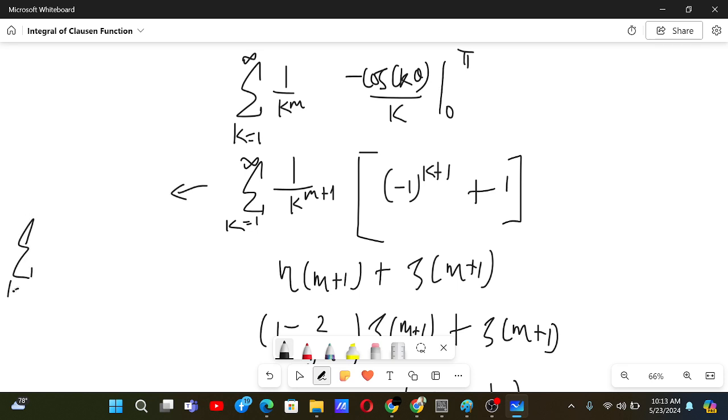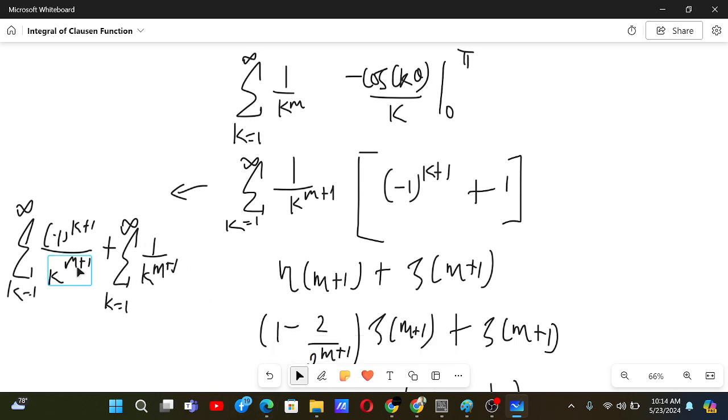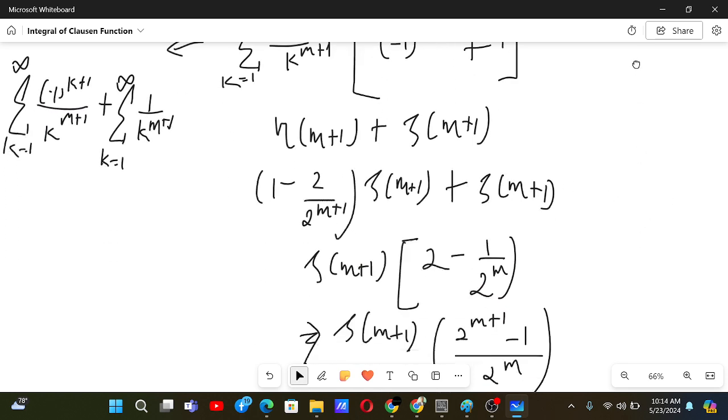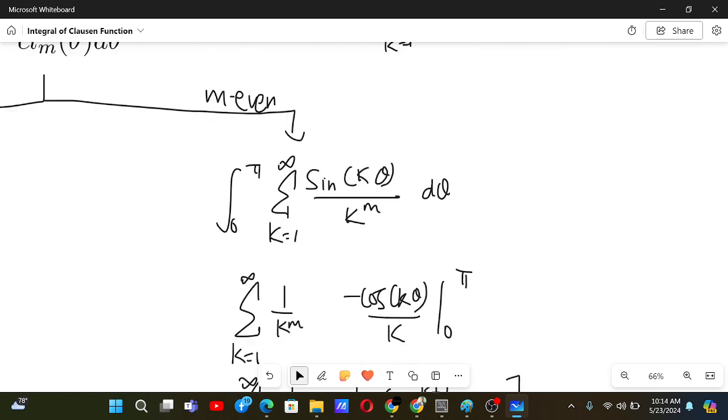The sum from k equals 1 to infinity of minus 1 to the power k plus 1 by k to the power m plus 1, and the other sum from k equals 1 to infinity of 1 by k to the power m plus 1. We know that this is the zeta function, and the input is m plus 1. So this was the solution.